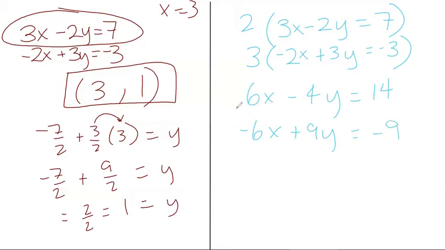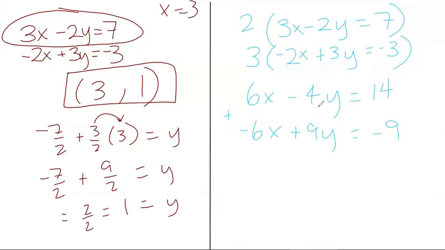Now, if we add these equations together, we can do this because we already know that both sides are equal, so there shouldn't be any changes to the problem itself. On the left side, we would be adding 6x minus 4y and negative 6x plus 9y, and on the right side, we would be adding negative 9 to 14.